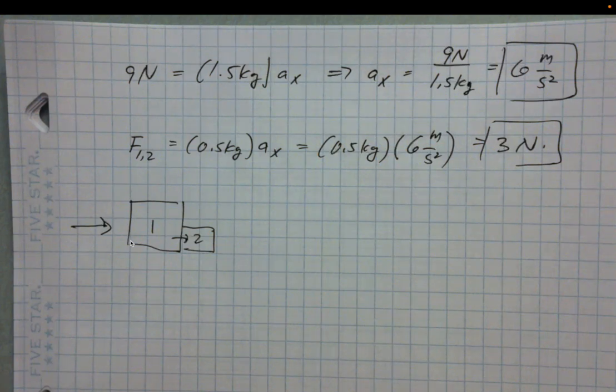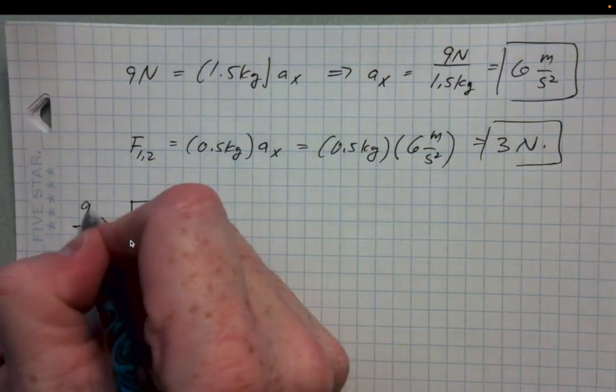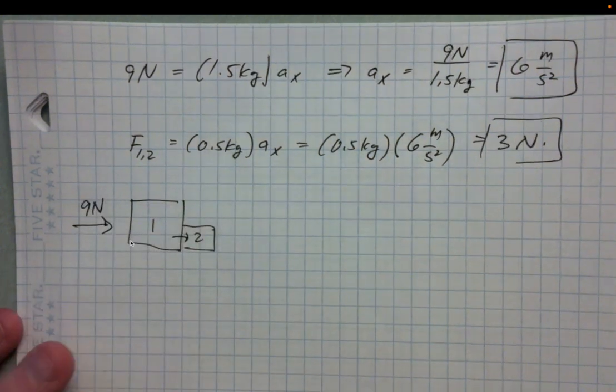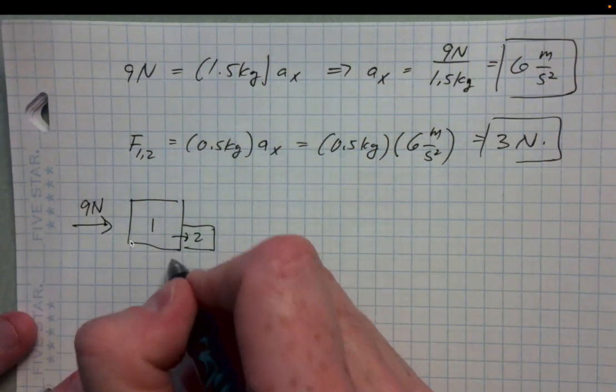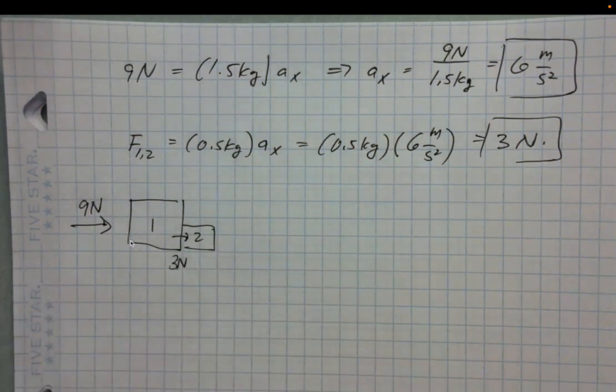Right, so the force being input into the system is 9 newtons. So I'm pushing on block 1 with 9 newtons. Block 1 is pushing on block 2 with 3 newtons. So the force being input into the system is 9 newtons, but only about 1/3 of that is being transmitted to the smaller block in order to keep it accelerating alongside the first block.